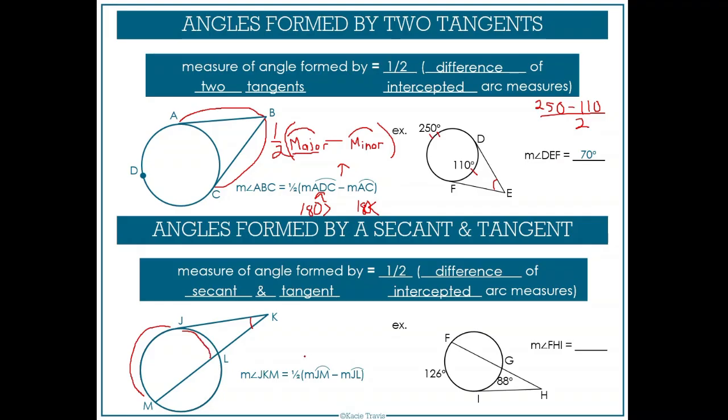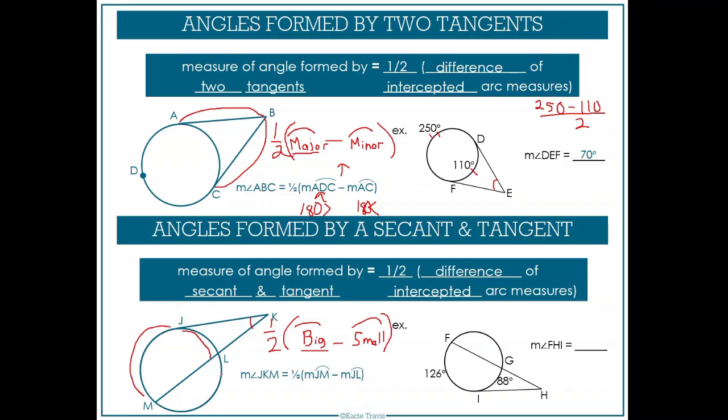So once again, we're doing a subtraction similar to our first formula. We take our big arc and we subtract our small arc from it. And then we take 1/2 of these two. So big minus small, 1/2.